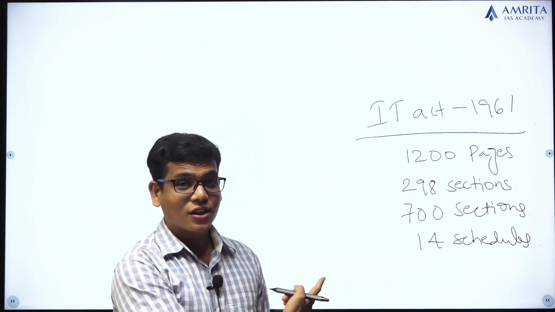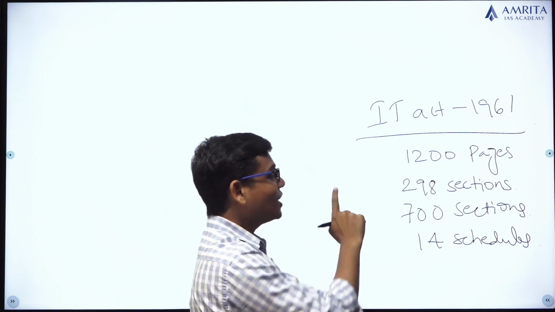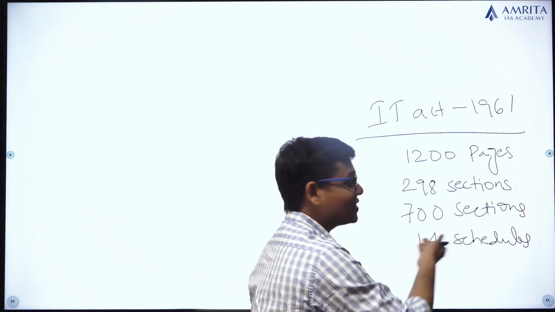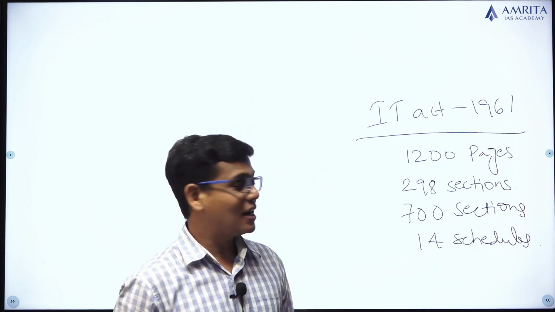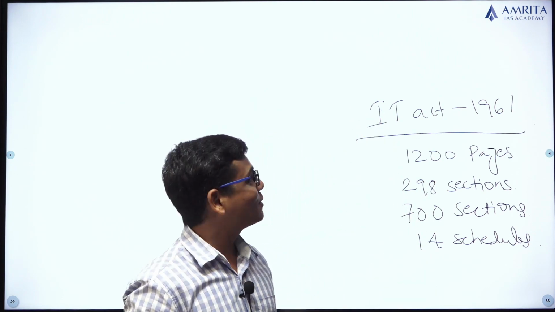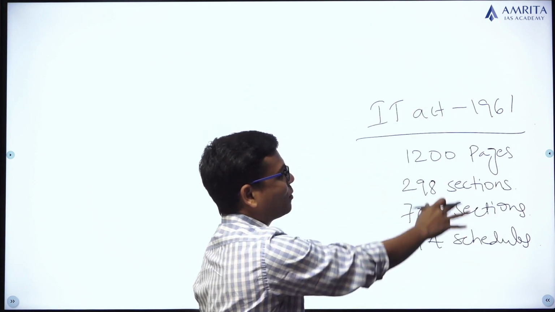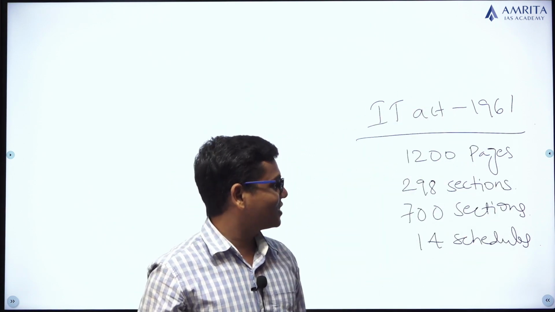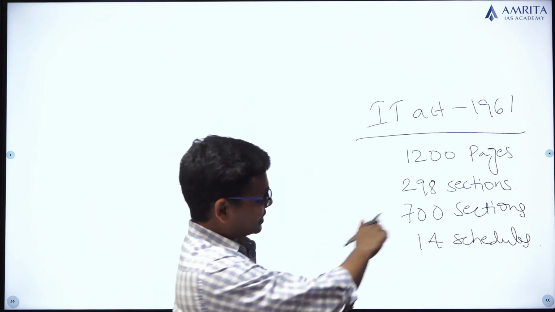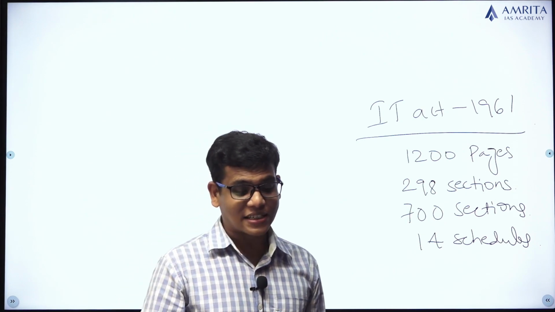I am talking about one particular legislation. Even our Constitution itself does not have this many articles and this many schedules. Only one particular legislation called the Income Tax Act of 1961, this is the complexity of that legislation: 1200 pages, 298 sections, a total of 700 sections, 14 schedules.